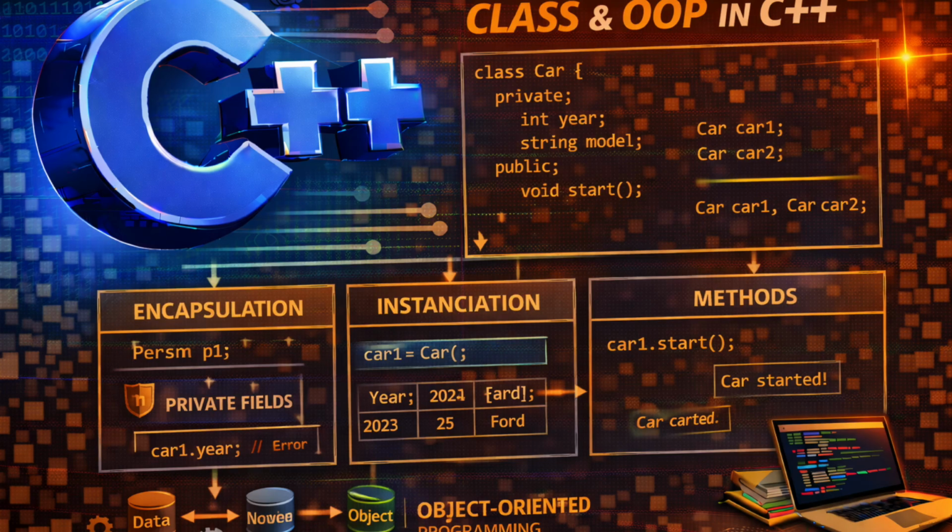Polymorphism for behavioral flexibility, and abstraction, which uses the first 2 to hide complexity and manage the programmer's mental load. We didn't stop at theory either, detailing the organizational necessity of using separate header and source files to enforce abstraction at the file level. That .h and .cpp separation. Right. And finally, we looked at the specialized, design-driven technique of operator overloading and the crucial rule-bending role of friend functions.